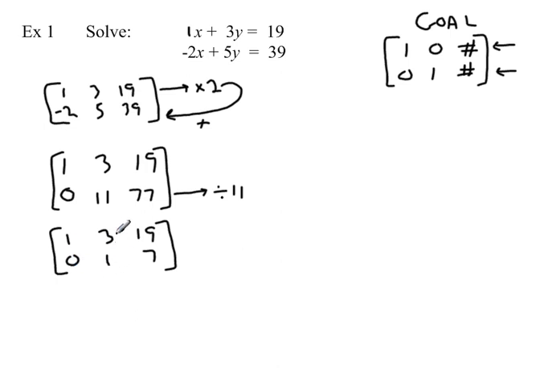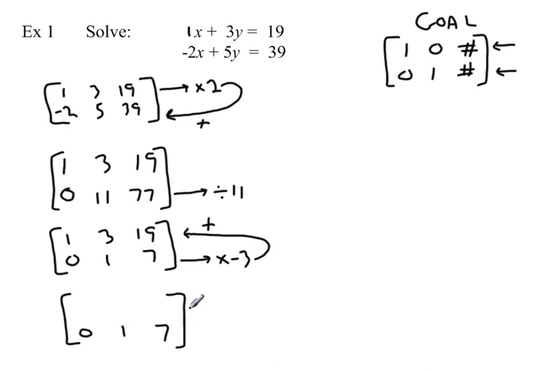Now we need to get a 0 in this top right spot. So just like before, where we multiplied a row by something and added to give us a 0, let's do the same thing. Let's multiply the bottom row times -3. And then let's add that to the top to make a new top row. So the bottom row is going to stay as is, 0, 1, and 7.